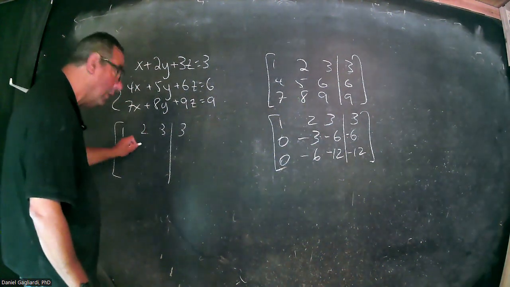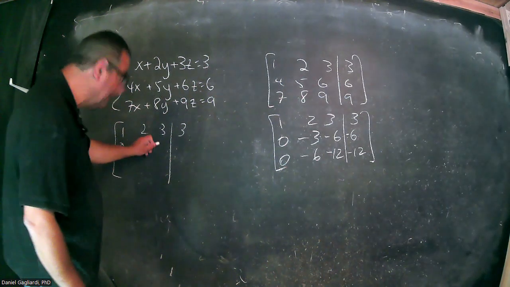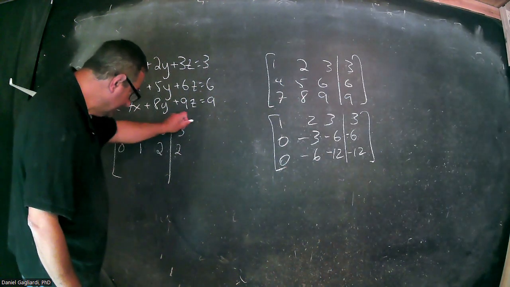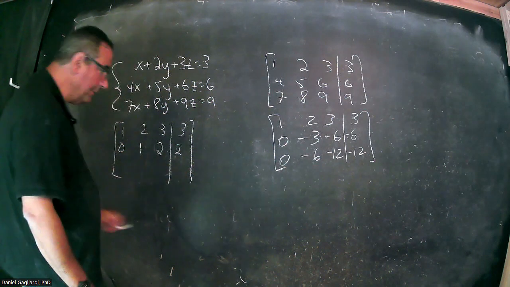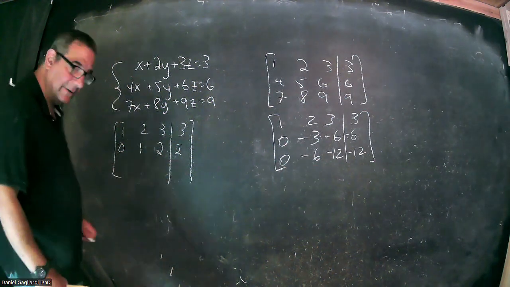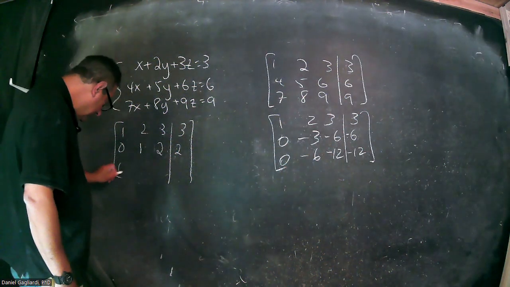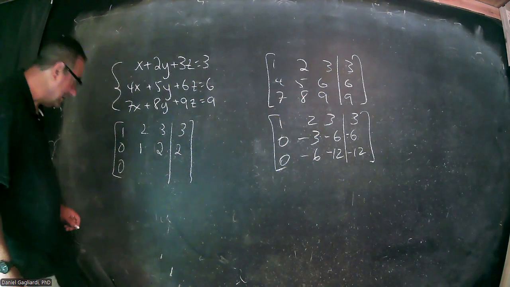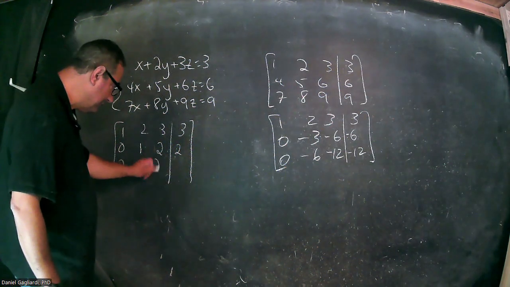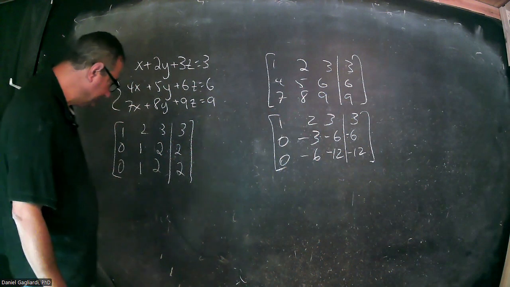So we have 0, 1, 2, 2. And then if we divide row 3 by negative 6, which is the same as multiplying it by negative 1/6, we have 0, 1, 2, 2.